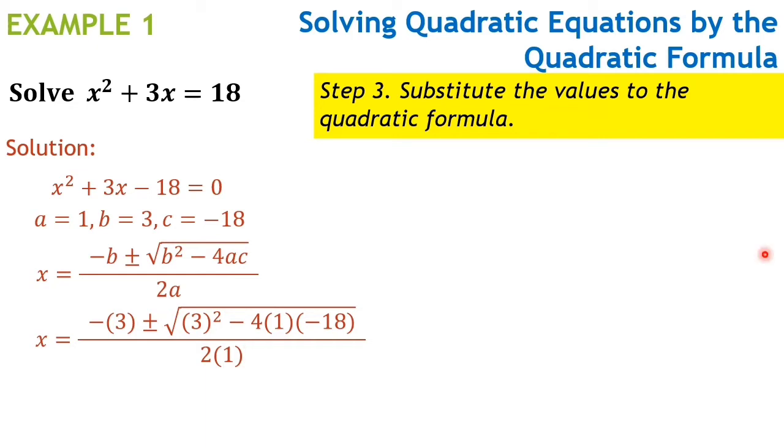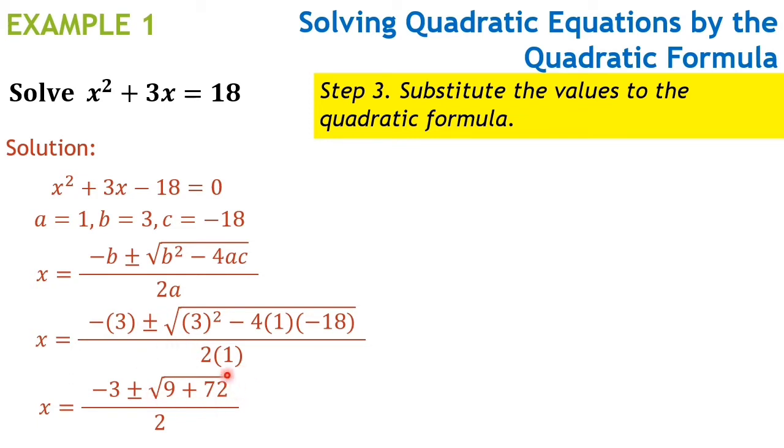That will become x is equal to negative 3 plus and minus the square root of 9 plus 72 all over 2. Did you follow? Very good.